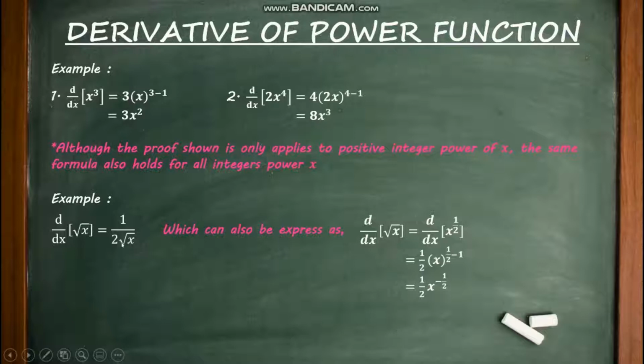This is equal to this here, 1 over 2 square root x, and as we see here, x to the power of 1 over 2 is equal to square root x. So it shows that the formula for differentiation of x to the power of n can be used for any power of x. That's all. Thank you.